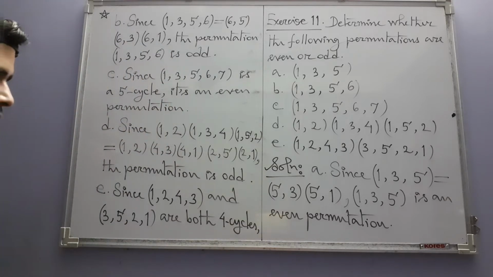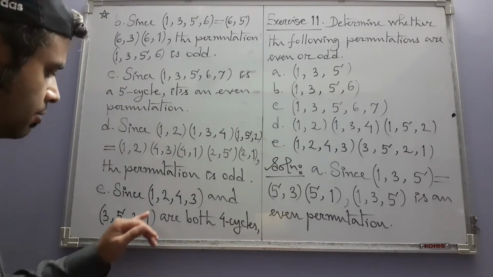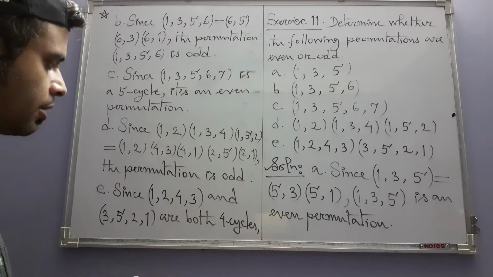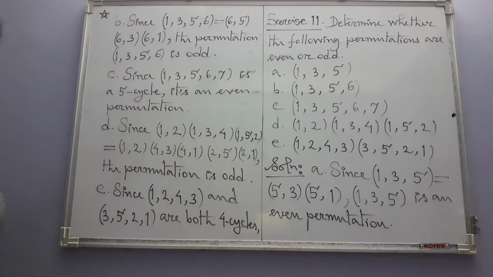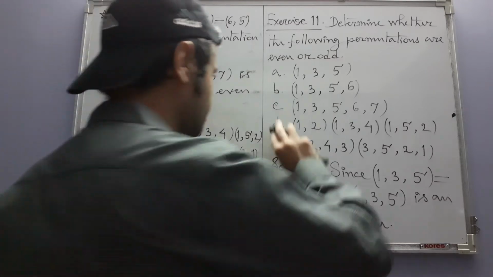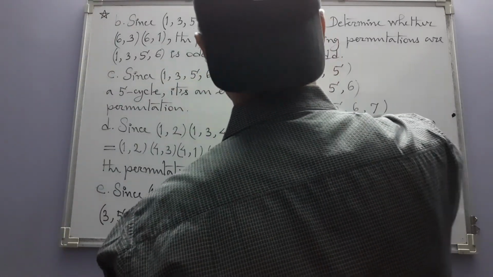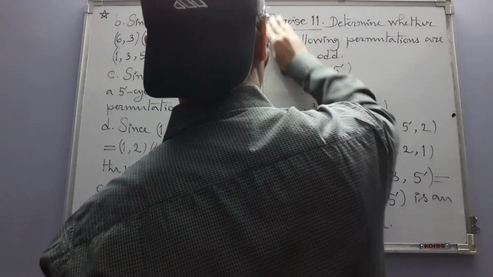So both of them are going to be odd. Both of them can be written as a product of 3 2 cycles. So because of that number 3, they are odd. However, together they will give an even permutation.